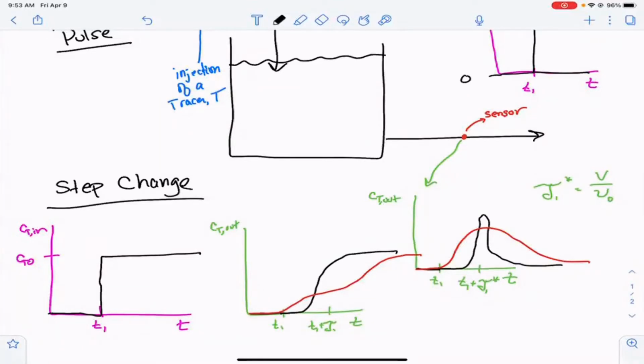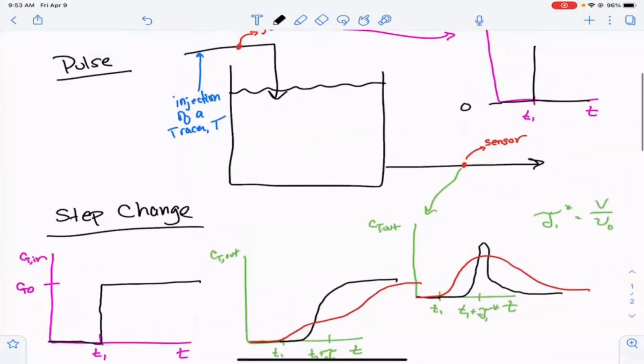In fact, there is a distribution of residence times. And this distribution of residence times happens because the flow pattern is not ideal. In a CSTR, we have mixing. And we say, okay, look, it's going to be mixed instantly and homogeneous everywhere. But that can't happen in a real device.